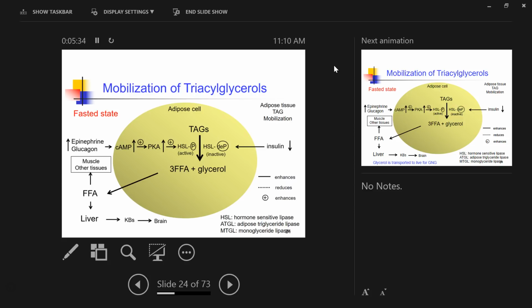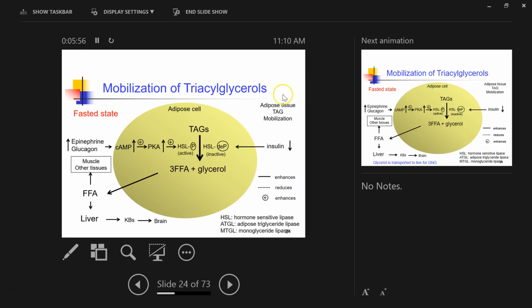So it can increase epinephrine levels and decrease insulin level, right? So that will also cause upregulation of HSL and increase lipolysis.